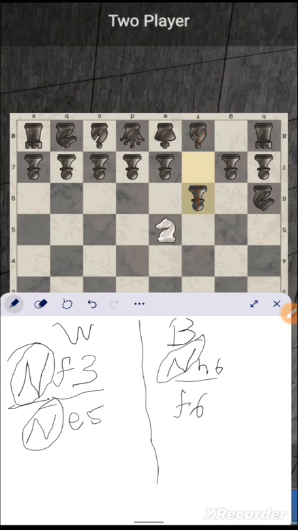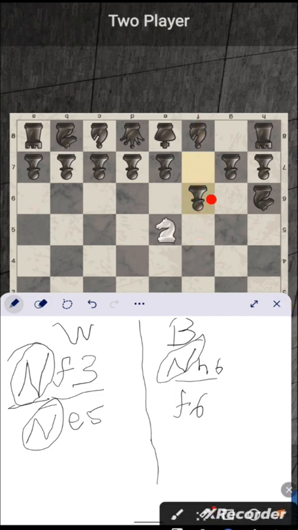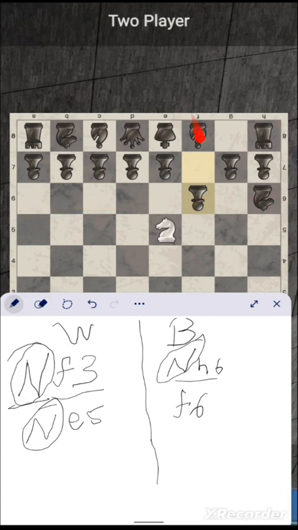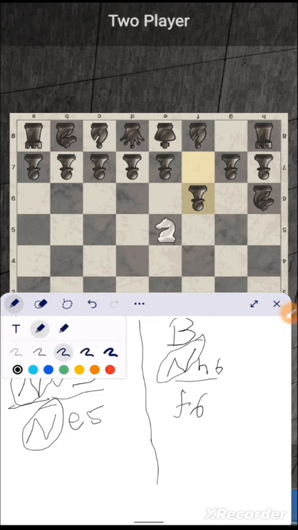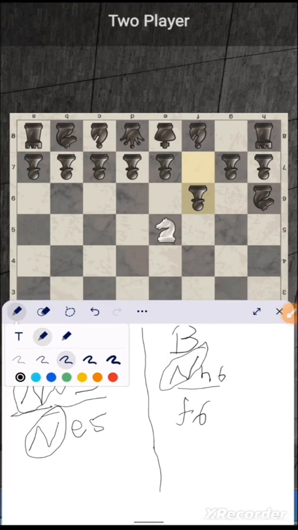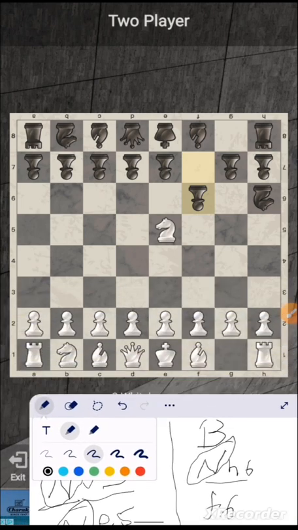So the pawn is at f file and 6 rank, so it will be f6 only. And always represent the file name in a small letter, as you can see, f, e. The file name is always in small letter.